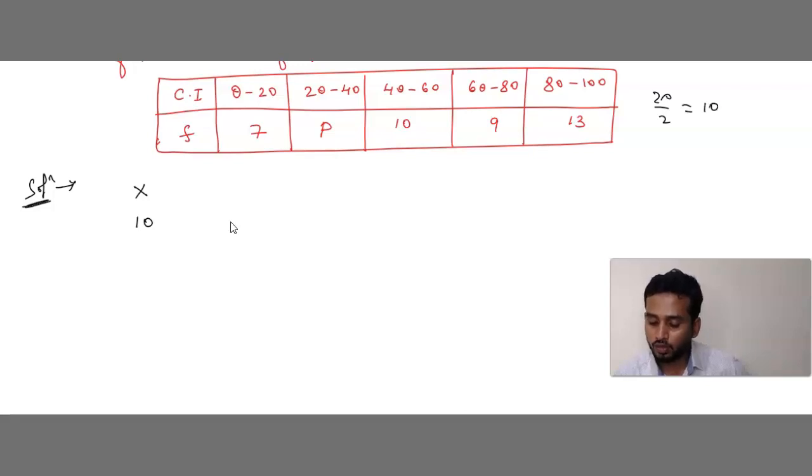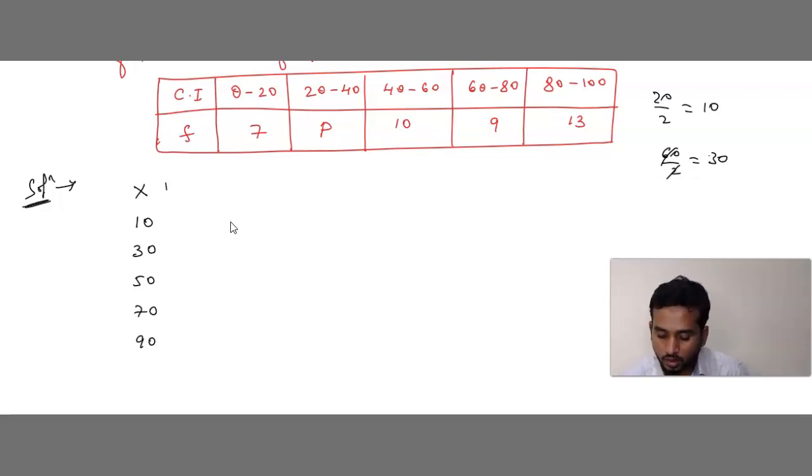Again for 20 to 40, 20 plus 40, 60 by 2, class mark, that's nothing but 30. So the next value is 30. After 10 we got 30, then 50, then 70. Are you getting this? And next 90. 1 2 3 4 5, yes, we have got 5 values.